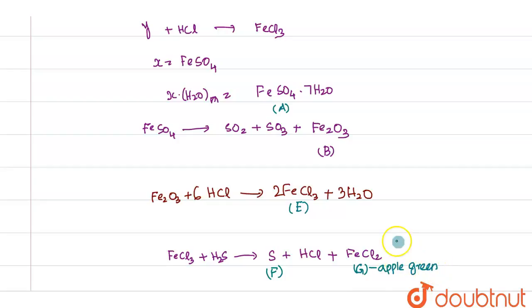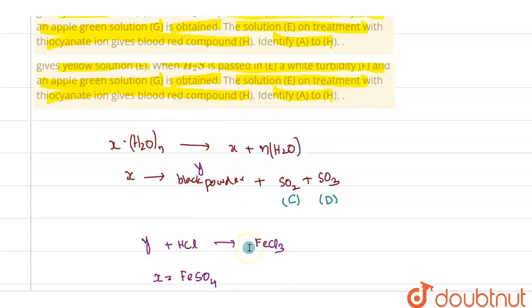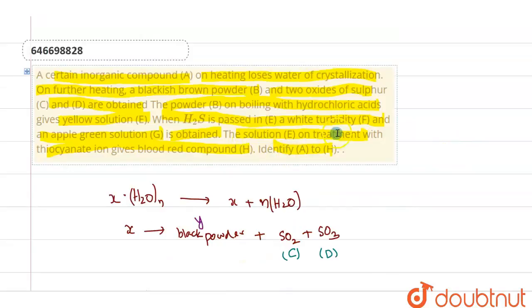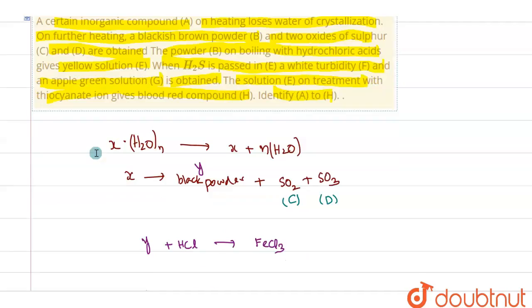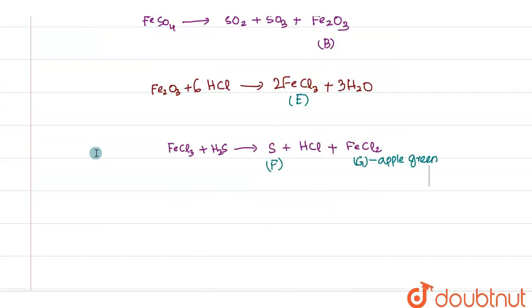Once we have F and G, the next reaction is E on treatment with thiocyanate gives a blood red compound.